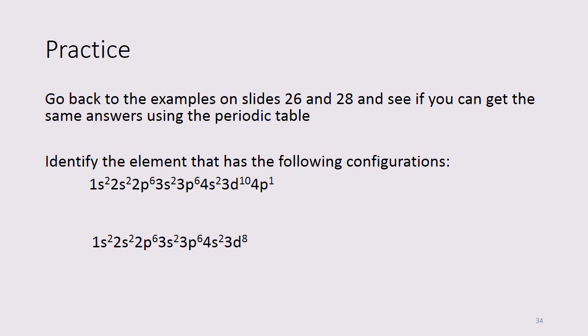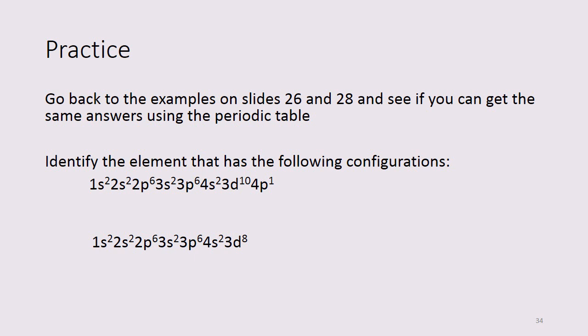There's 6 of them in the 3d's. And then krypton goes all the way to 4p6. The one on slide 28, which is element 34, ends up with 4p4. So hopefully you should be able to get that.